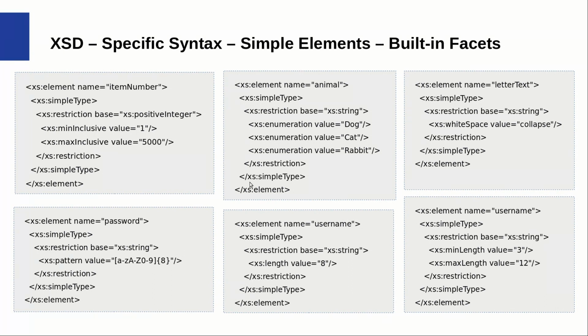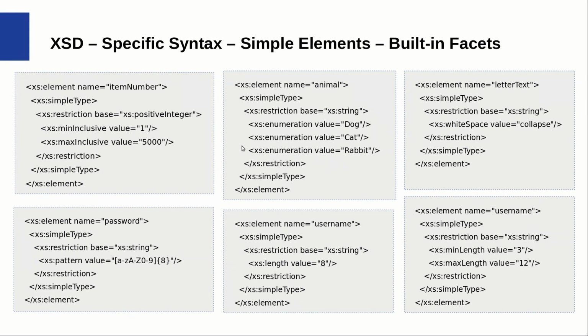So here we have another example, now declaring a simple element named animal and the extended type simpleType with the restriction nested to it and the base value of xs:string, and inside and nested to the restriction some facets or constraints.